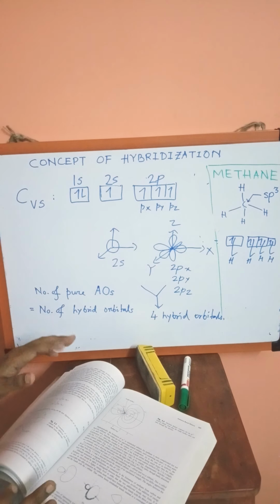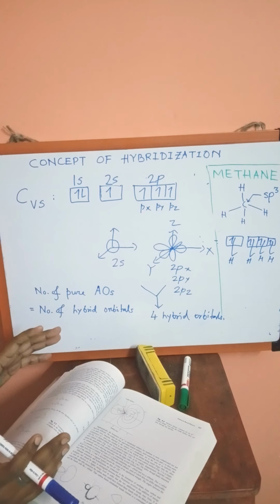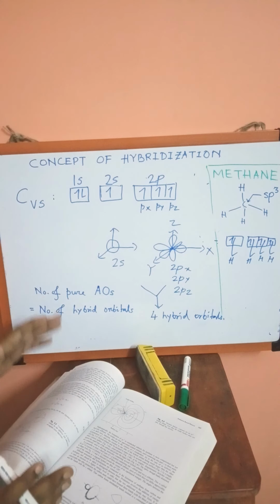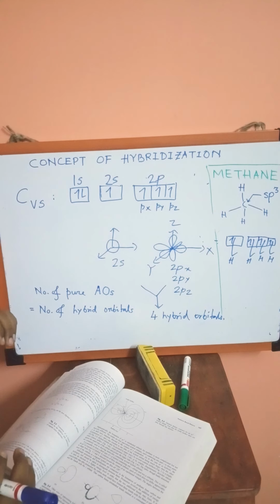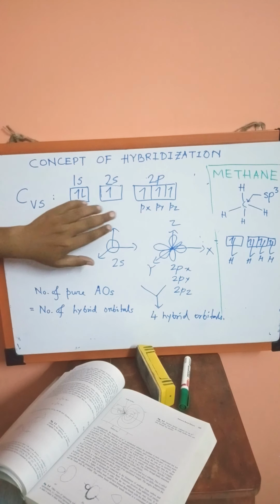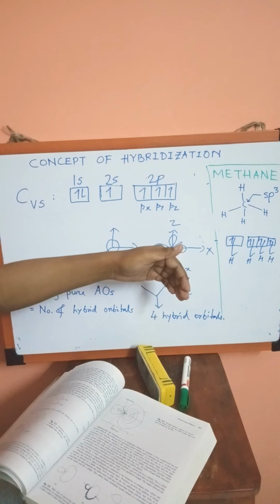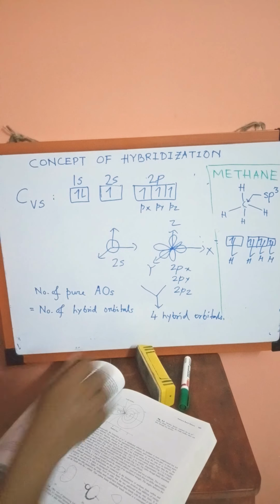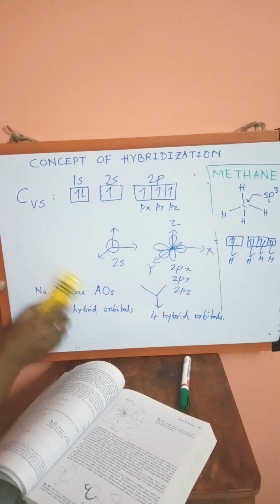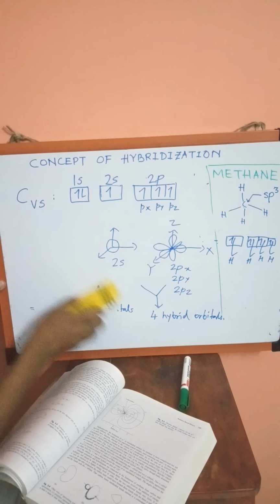So how does it look, and what will be the angle between these 4 orbitals, or the geometry, as I say. And this is very important because that geometry will give these hybrid orbitals and the resultant molecules a specific geometrical shape.